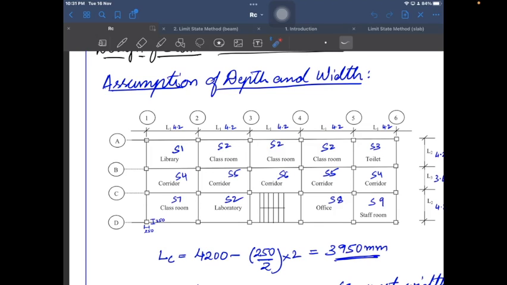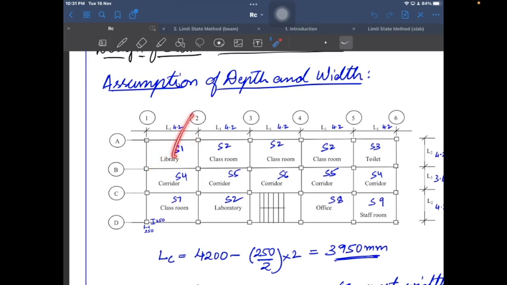In IS 875 part 2, values are mentioned for library. I have taken 6, which is not strictly needed, but to be on the safe side. If our load is much less than 6, it will be better only, so I have designed it for 6.